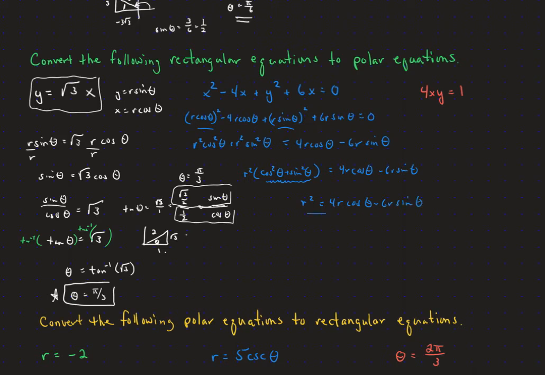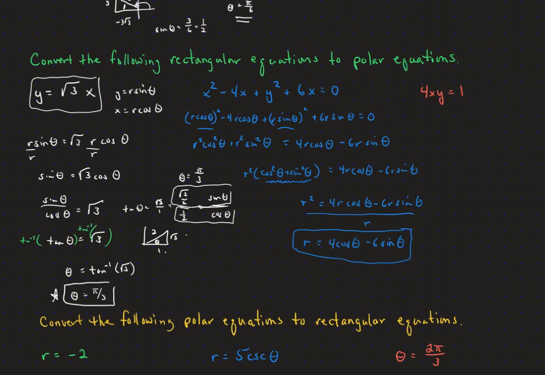So we want to get just r by itself, so if we divide 1 r out of there, we get r equals 4 cosine theta minus 6 sine theta, and that is actually our polar equation. R equals some function of theta.